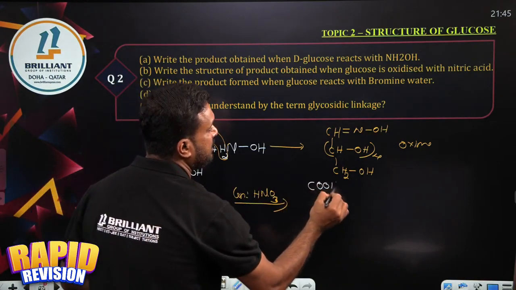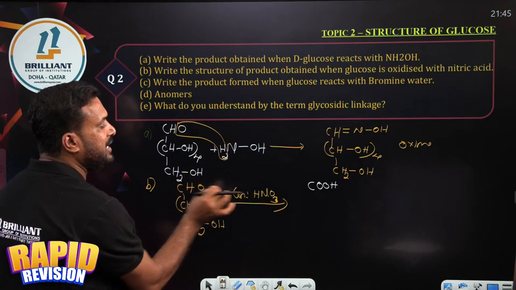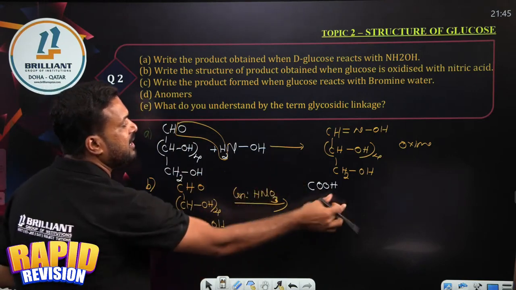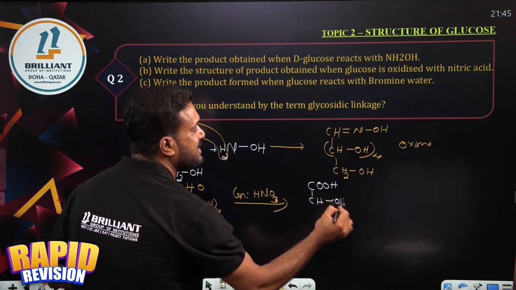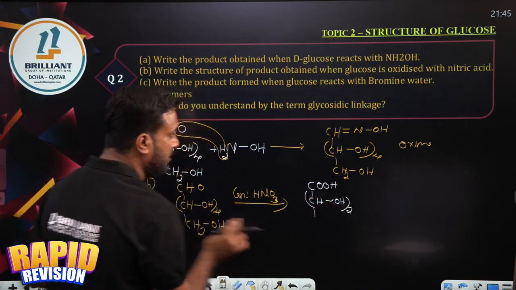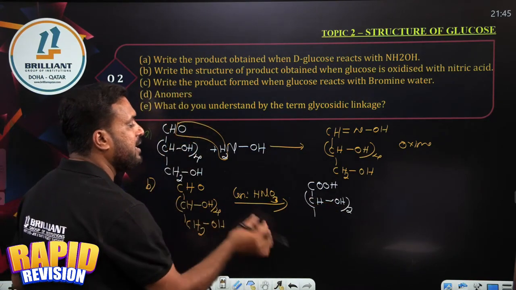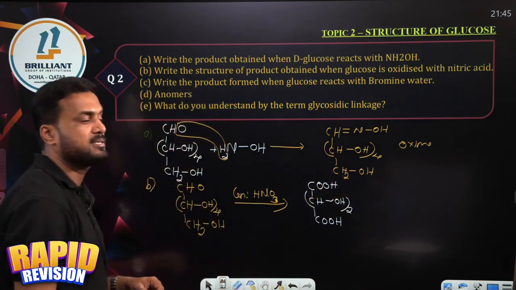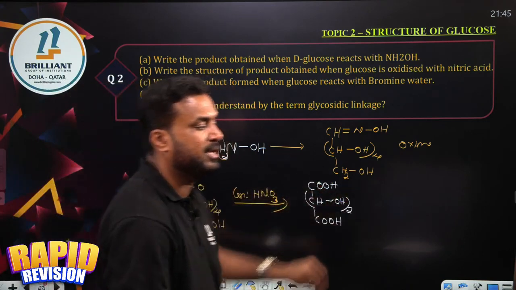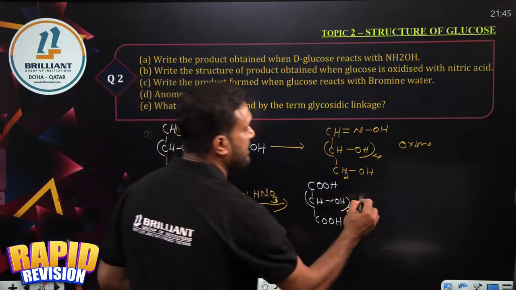What is saccharic acid? The aldehyde functional group, even with a mild oxidizing agent, will be converted to COOH. The secondary alcohols will not be converted. Here there is a primary alcohol, and in the presence of a strong oxidizing agent, a primary alcohol is converted to a carboxylic acid. So we have two carboxylic acids. This is saccharic acid.